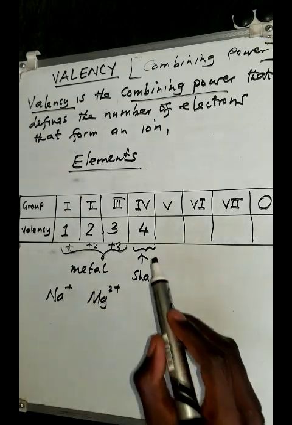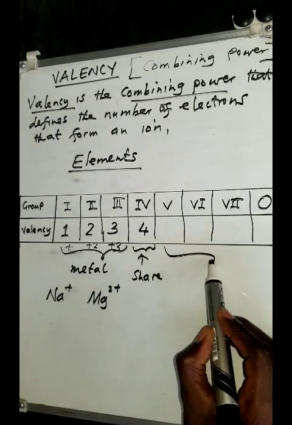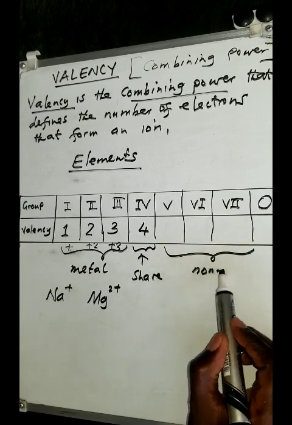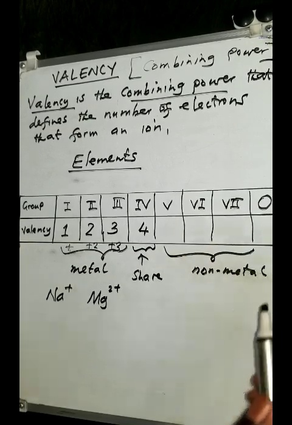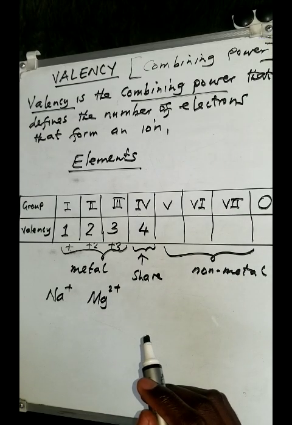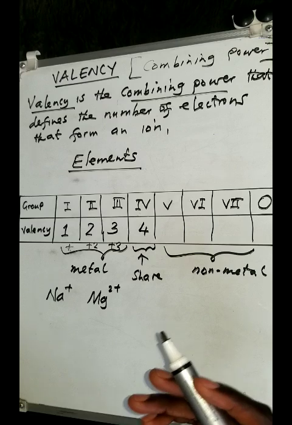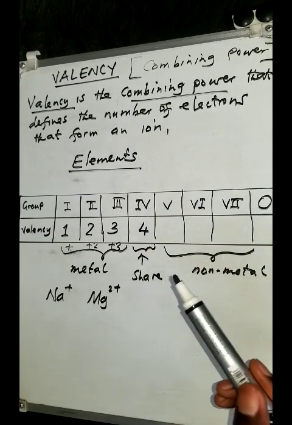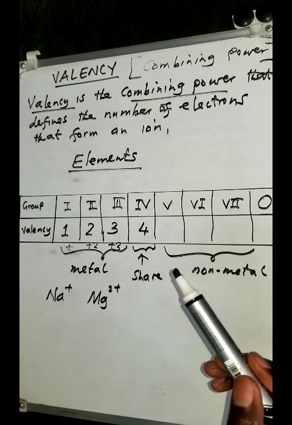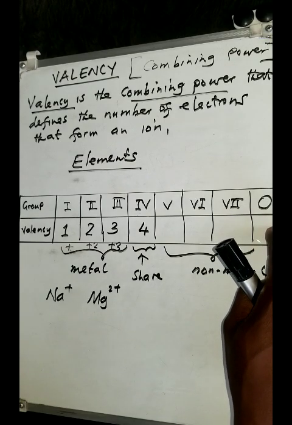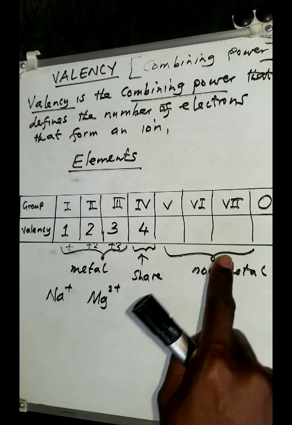It is positive. And starting from group 5 going this side, all these are non-metals, and non-metals possess negative charges. So how do you account for the valency of non-metals? The valence of non-metals is the difference between 8 and the group number of the element.